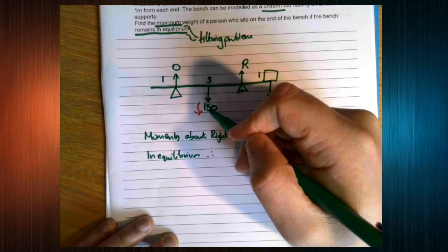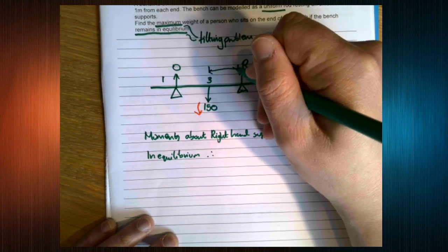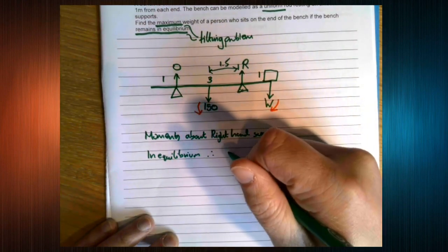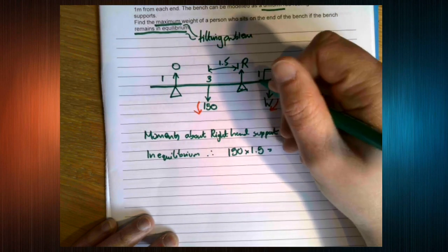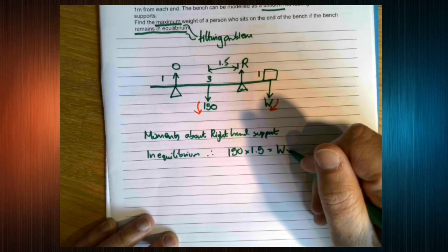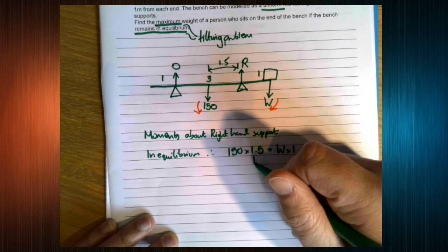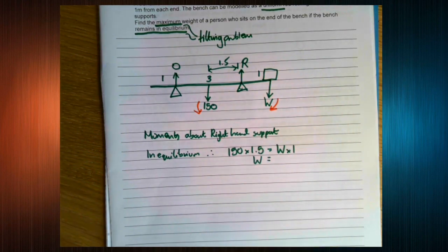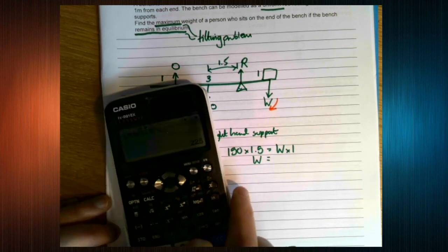So, this force times this distance here is equal to this force times the distance. So the weight, W, is 150 times 1.5, which is 225 newtons.